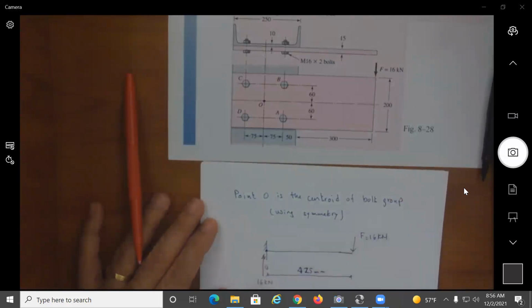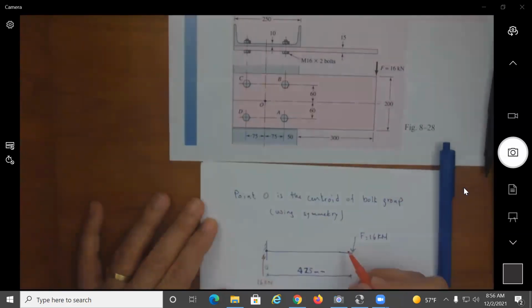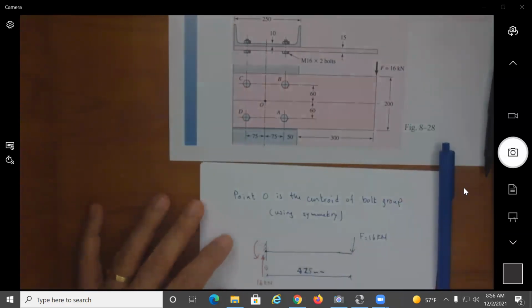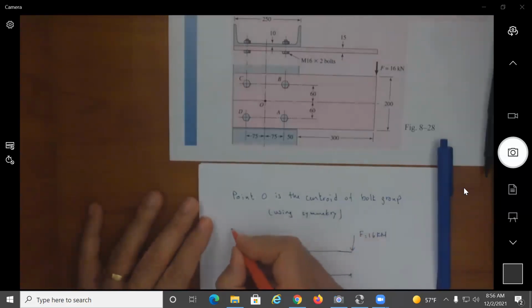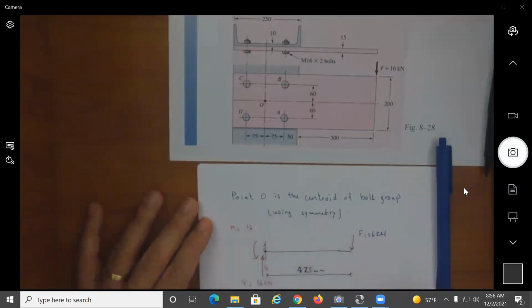So the shear force would be 16. And there is also a reaction to keep this in equilibrium. There is a moment reaction that is going to be equal to the 16 times the 425. So this is V equal to 16, and here M would be equal to 16 kilonewton.